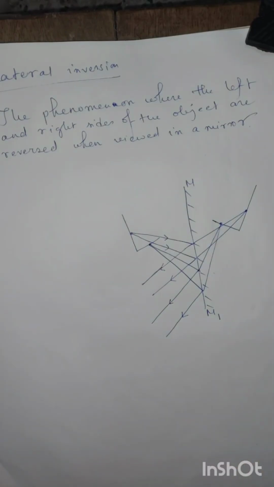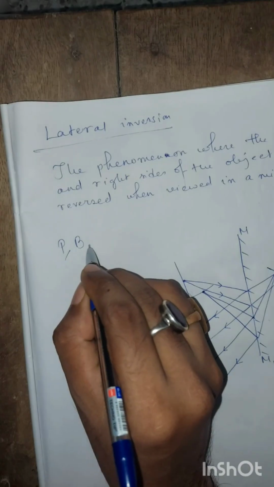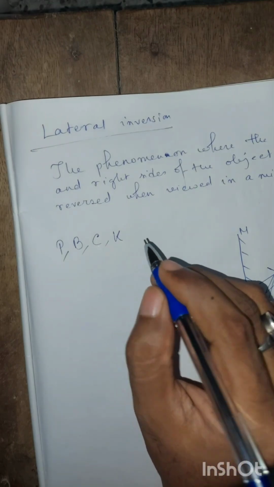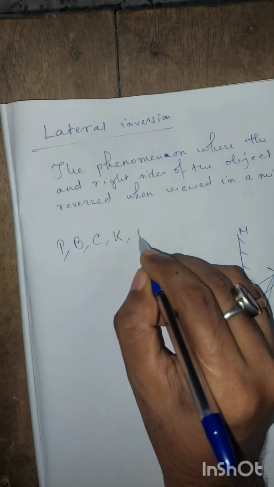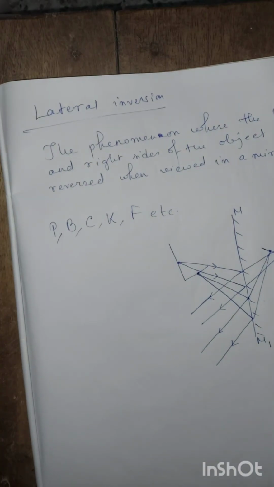Similarly, many other letters can get reversed, like P, B, C, K, F, etc. So we observe a lateral inversion for these letters.